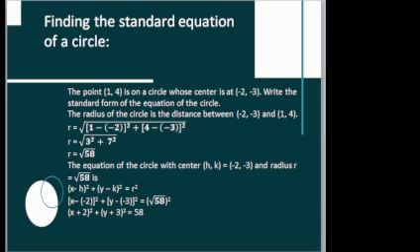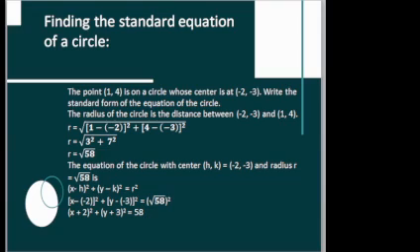Now we will go to sketching a circle. Now the given is already an equation of a circle. We have to sketch the graph of x squared plus y squared plus 10x minus 2y equals 55.